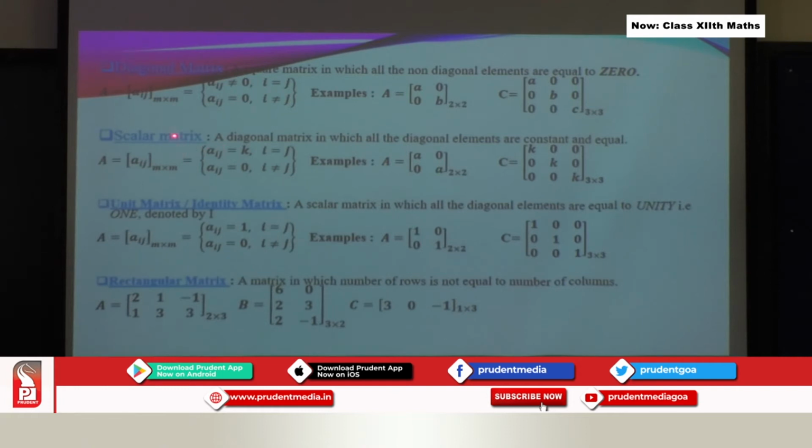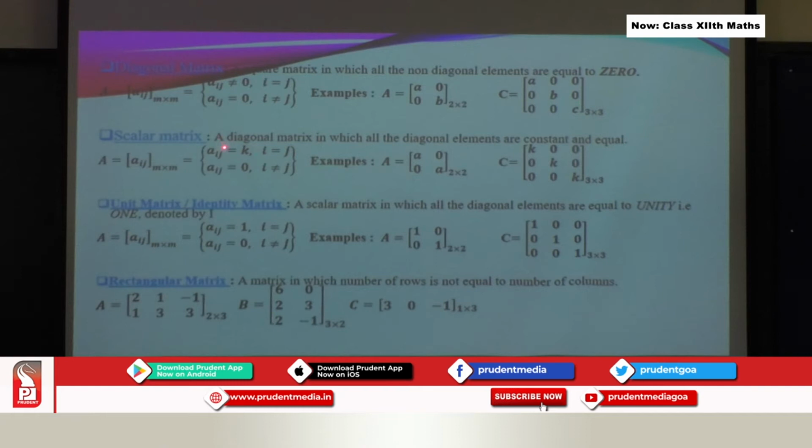Scalar matrix. Now to say the given matrix is a scalar matrix, first of all I need to have it as a diagonal matrix. Now when you say it is a diagonal matrix, it has to be a square matrix. So remember, when you talk about scalar matrix, it's supposed to be a diagonal matrix, and when we talk about diagonal matrix, it has to be a square matrix.